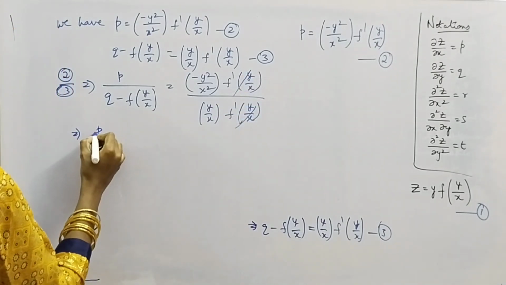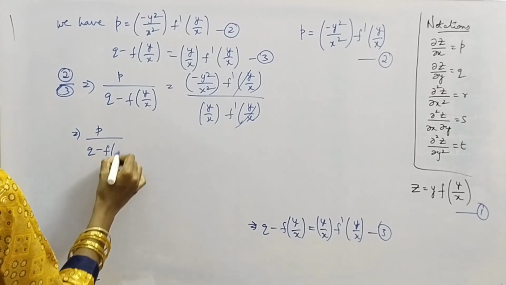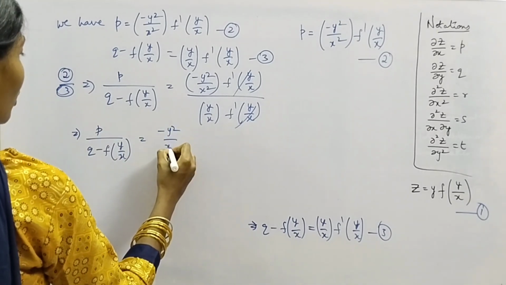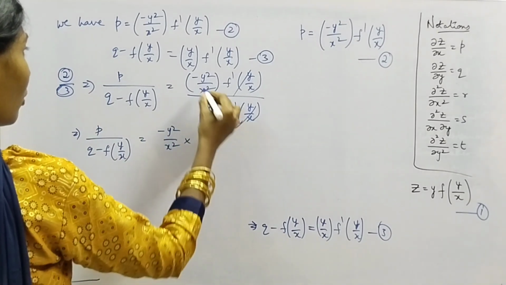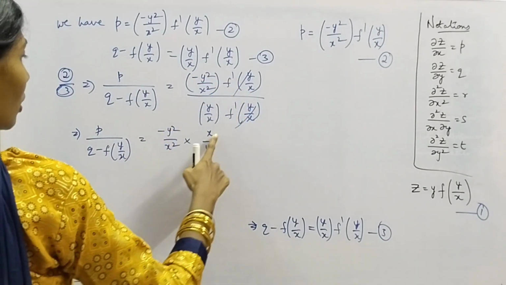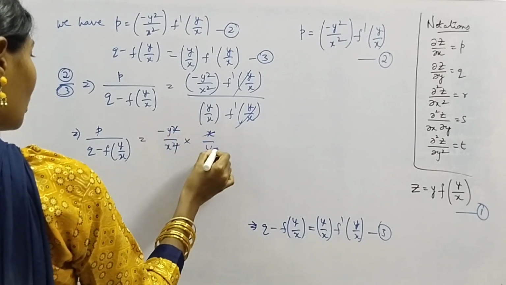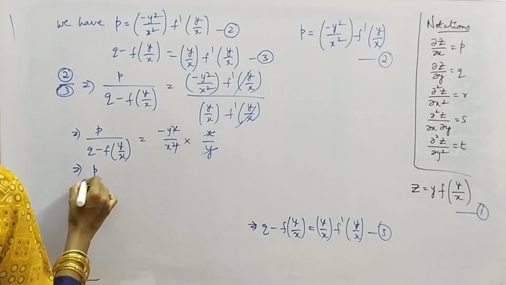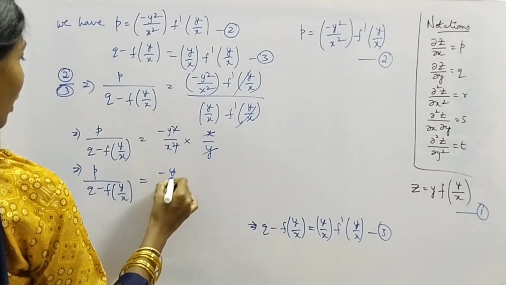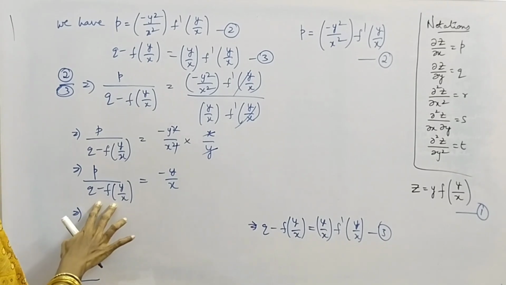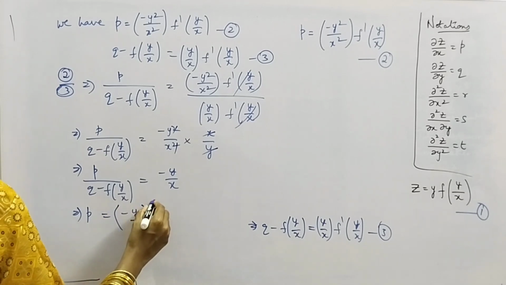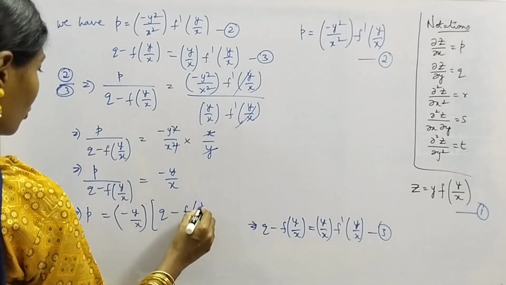We'll get p by q minus f of y by x equal to minus y square by x square into x by y. One x and one y get cancelled and you'll get p by q minus f of y by x equal to minus y by x. Now take this term to RHS, you'll get p equal to minus y by x into q minus f of y by x.